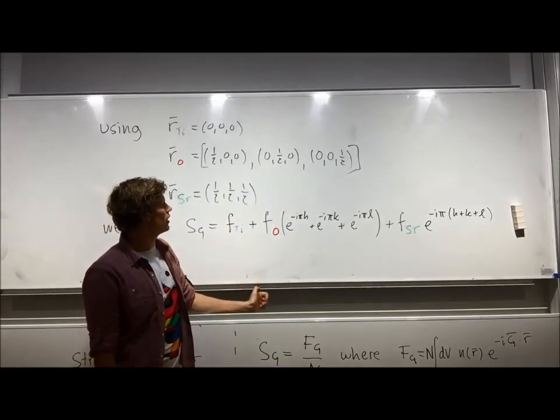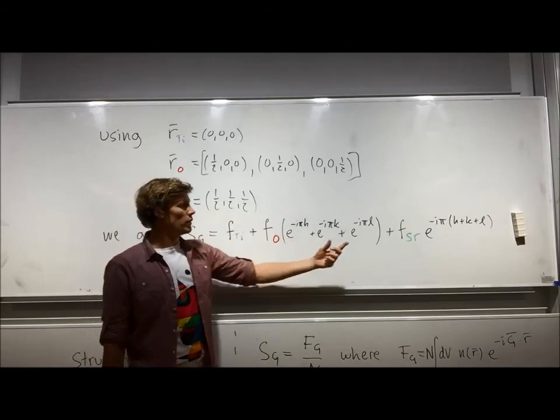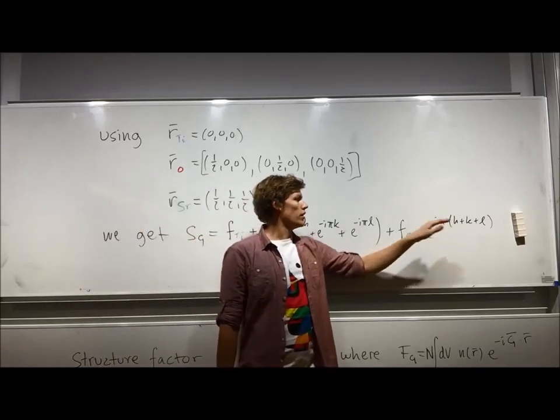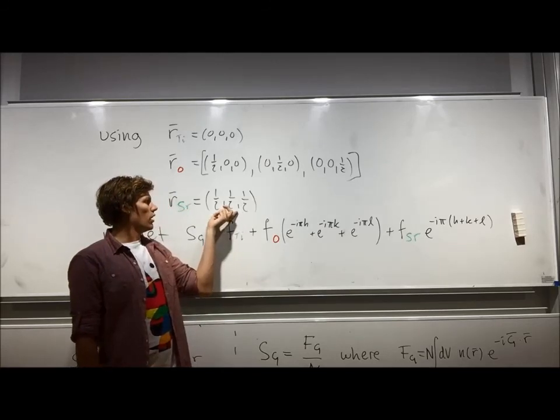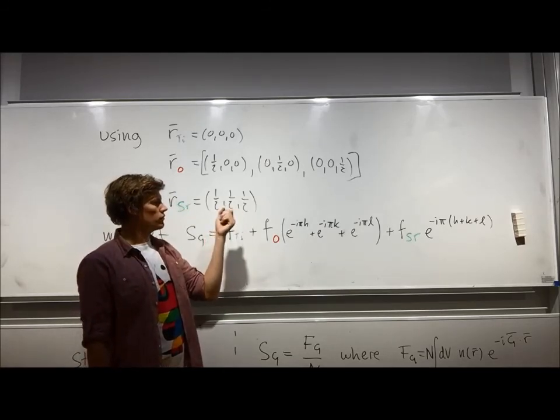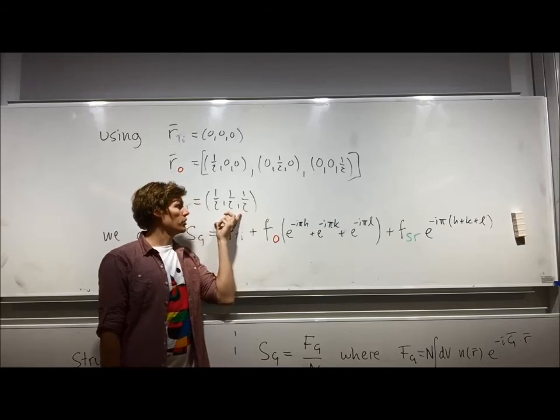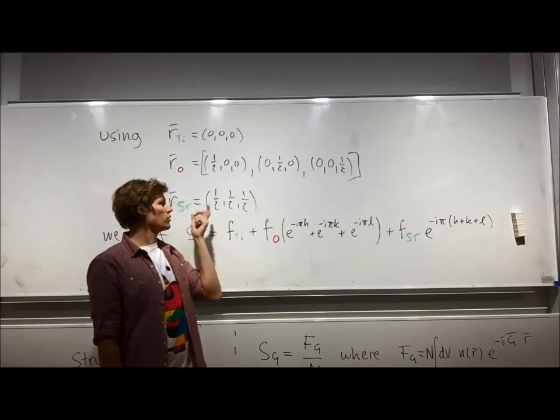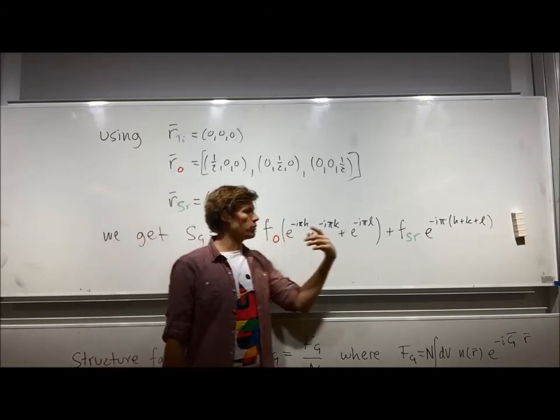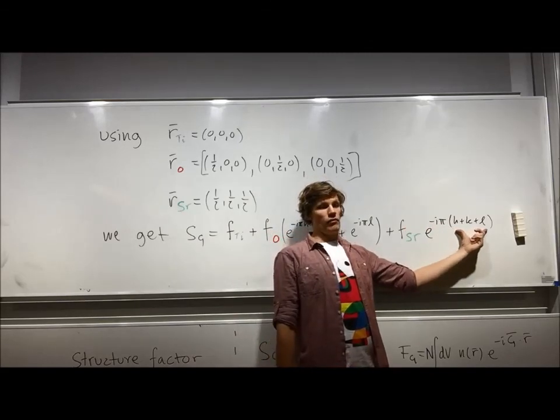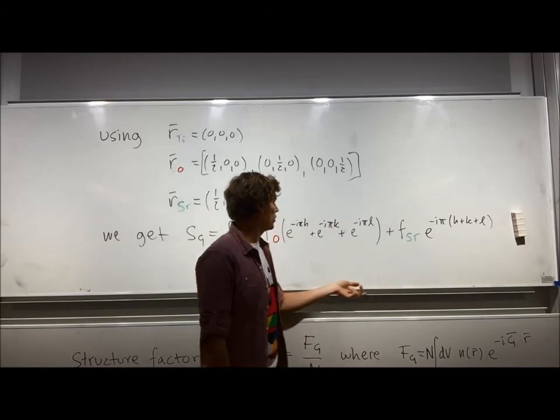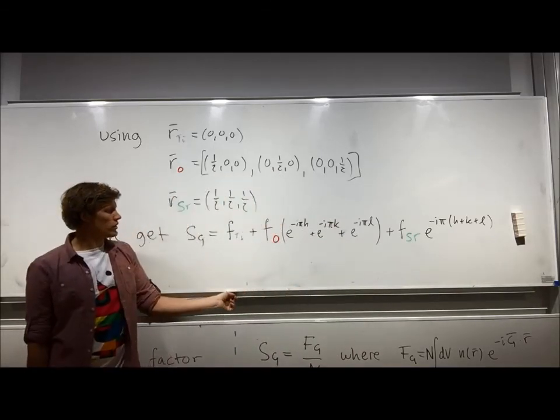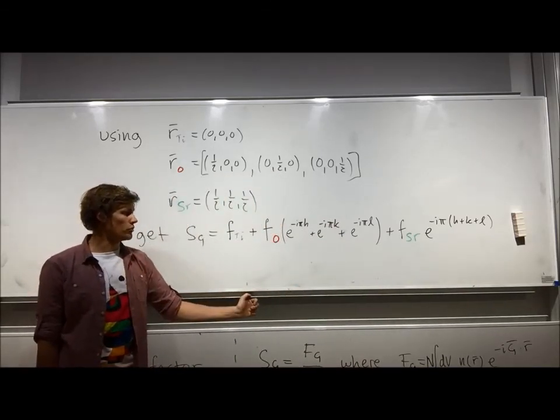Then the last atom is just when you put in an atomic site equal to this, and when you multiply with a reciprocal lattice vector corresponding to HKL, this is what you get. So this is the whole expression for what the structure factor for strontium titanate looks like.